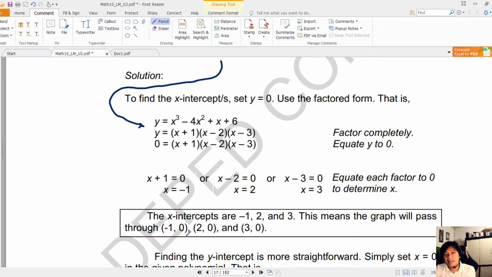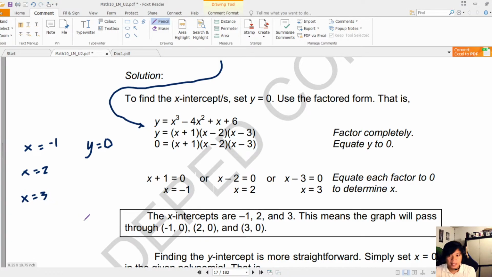Tanong, sir, bakit may 0? So, if we're going to convert the x-intercepts into point, x and y, so, since yung value ng ating y kanina, di ba, sinet natin yung y natin equals to 0. Tapos, yung x natin are the following. Value ng x natin, meron tayong negative 1, meron tayong 2, and meron tayong x is equal to 3.